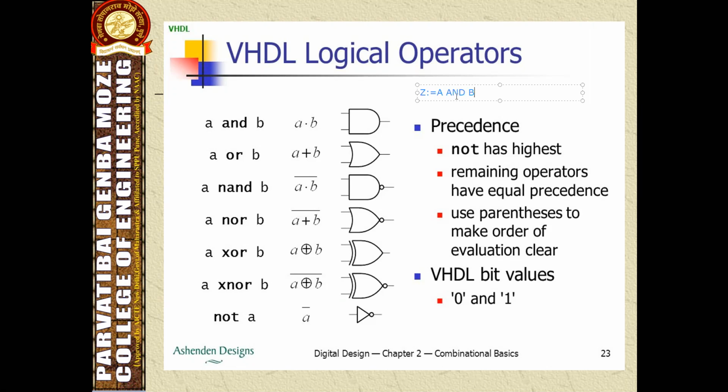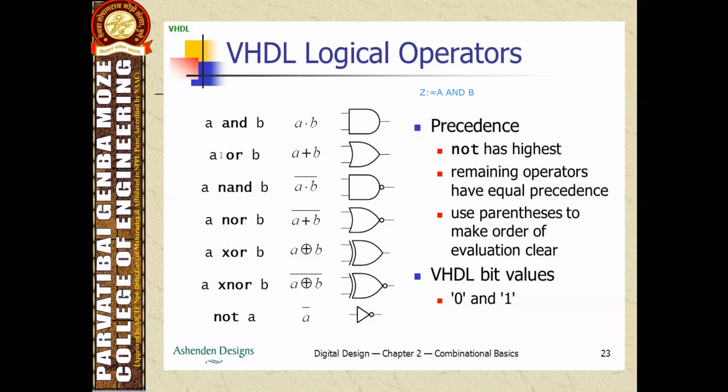Here to perform this AND operation, these are the two input pins and this is the output terminal. To perform the AND operation in the program, we have to write the code A and B, and the result will be stored in Z. So this is the AND operation.